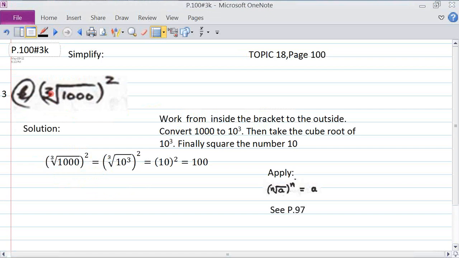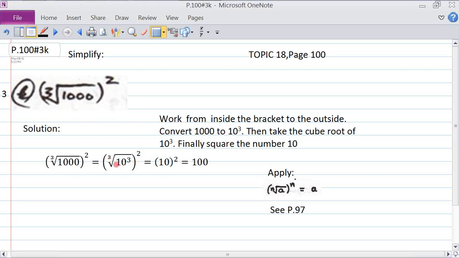Here we're asked to do the cube root of 1,000 and then square it. So we work from inside the bracket to the outside. First of all, convert the 1,000 to 10 cubed. You've got to realize it's 10 times 10 times 10, and that's why it's 10 cubed.